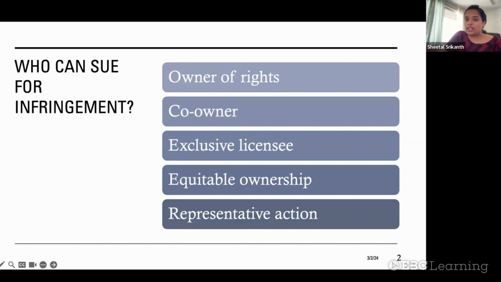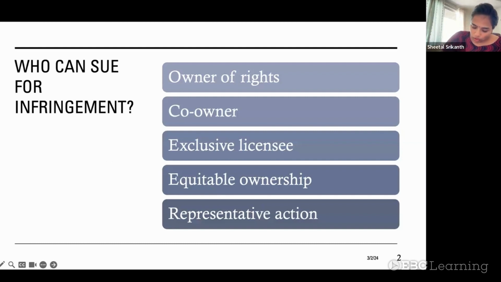An exclusive license usually is a license given to a third party, even to the exclusion of the original owner. Because the exclusive licensee is now the only person who is validly using the intellectual property, the exclusive licensee has been given the same status as that of an owner.